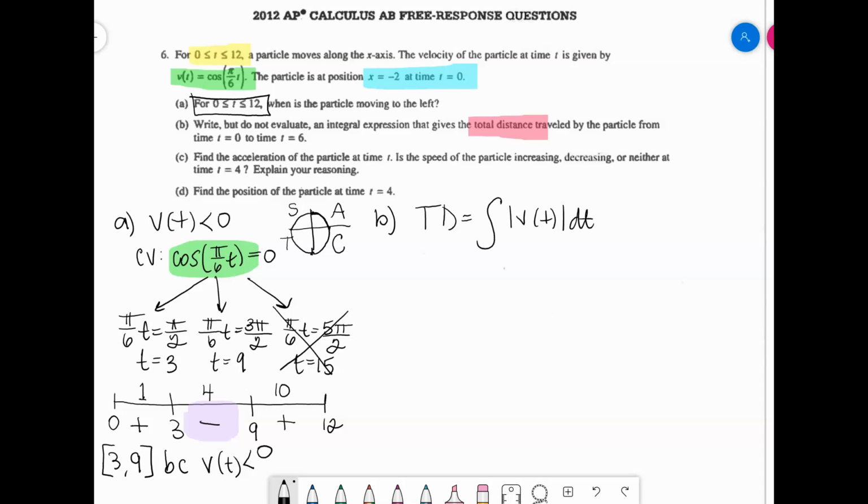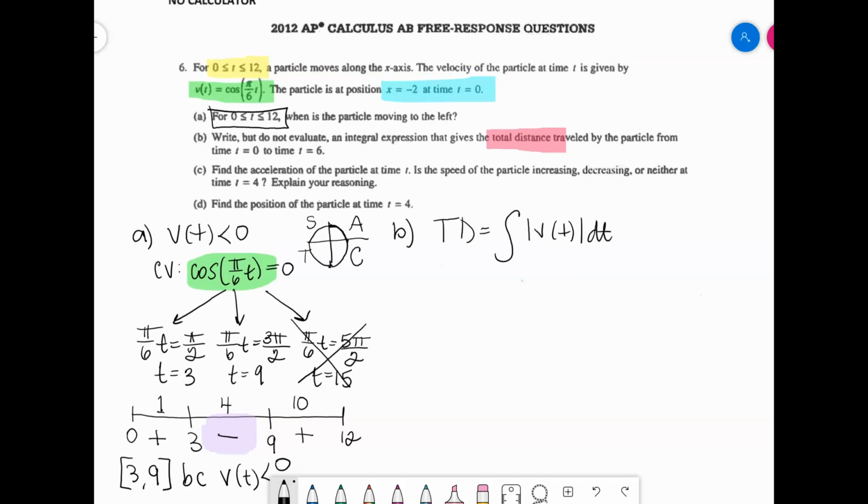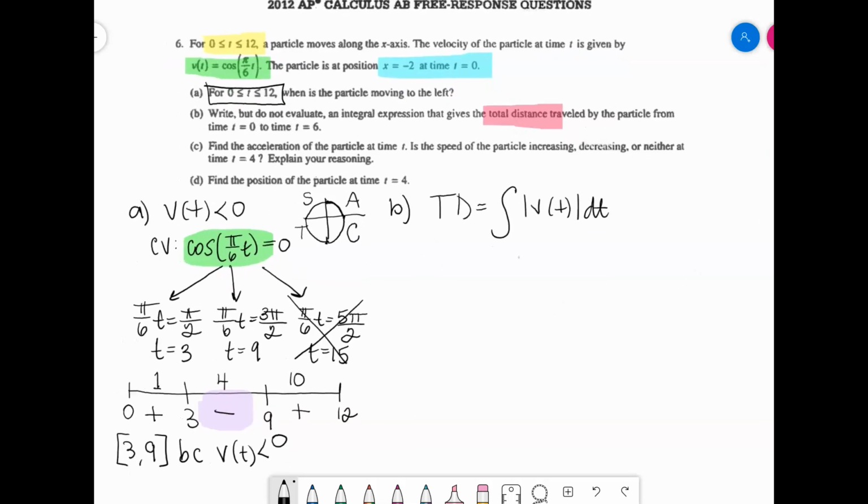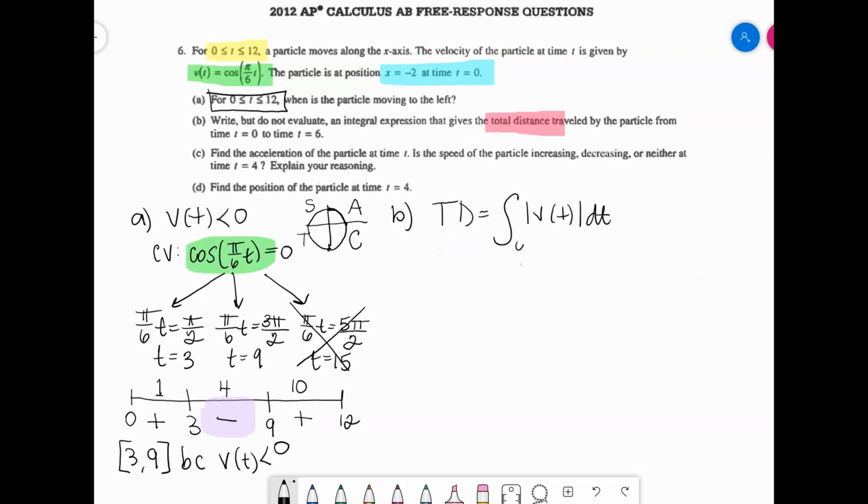So in this particular case, it wants to know from 0 to 6. So our lower limit of integration is 0. Our upper limit of integration is 6. There you have it. That's all you had to do for part B. Now, that's only worth 1 point because obviously it's extremely easy. But take that point and run with it.